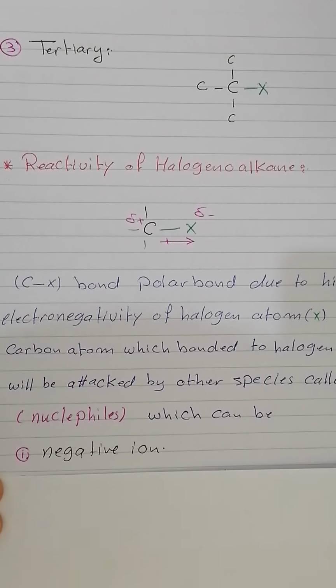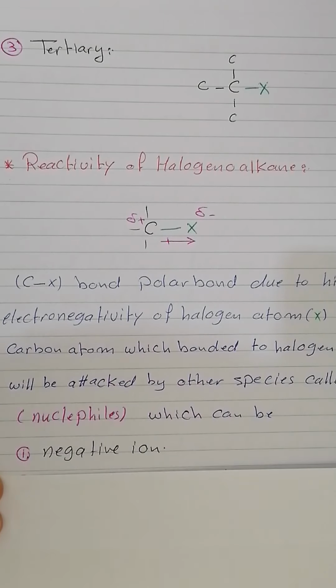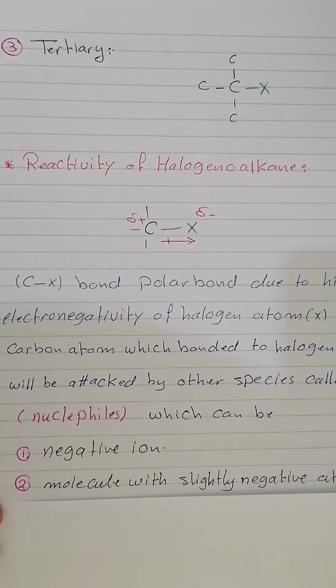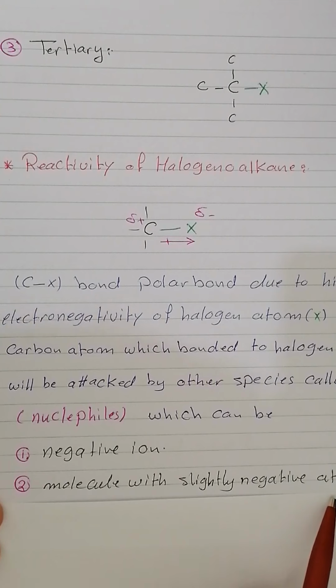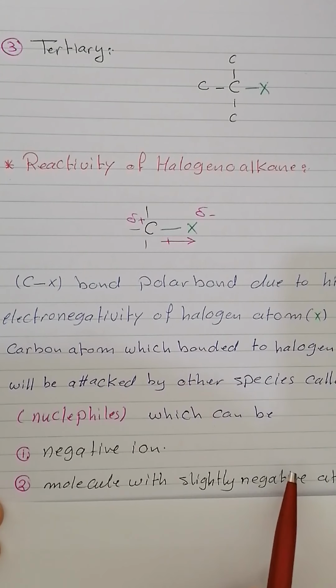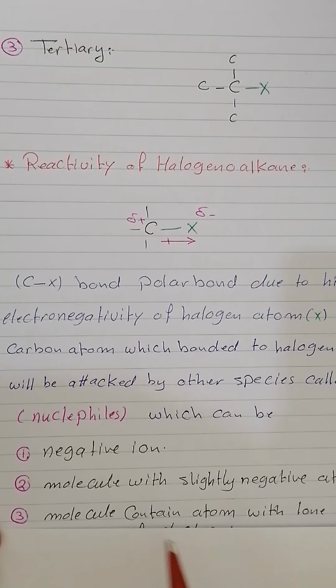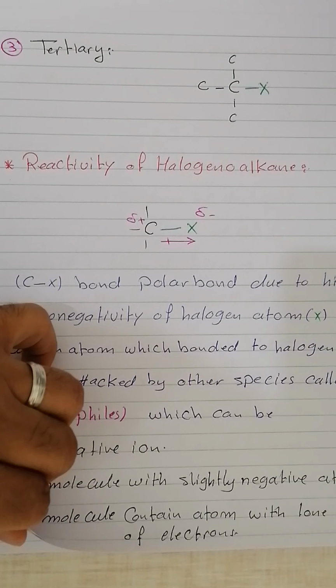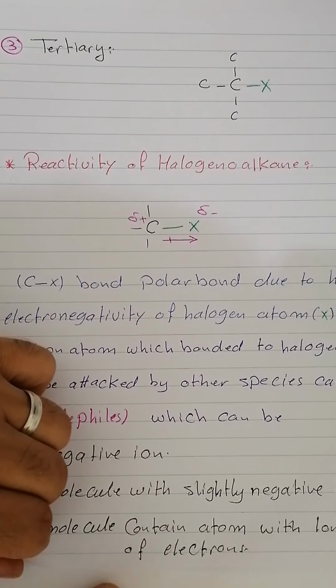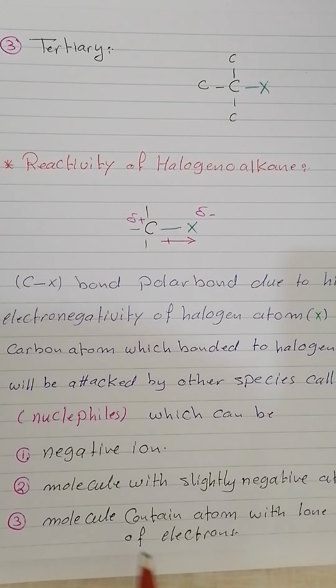Now, what do we mean by nucleophile? A nucleophile can be a negative ion, like the hydroxide ion or the cyanide ion, or a molecule with a slightly negative atom. If the molecule has an atom which, due to the electronegativity difference, carries a slightly negative charge, it is considered a nucleophile, or a molecule containing an atom with one or more lone pairs of electrons. For example, ammonia has a lone pair on the nitrogen atom, and water has two lone pairs on the oxygen atom.